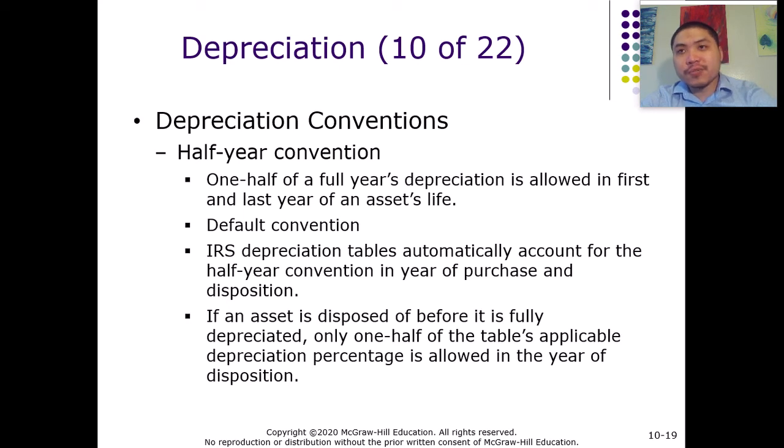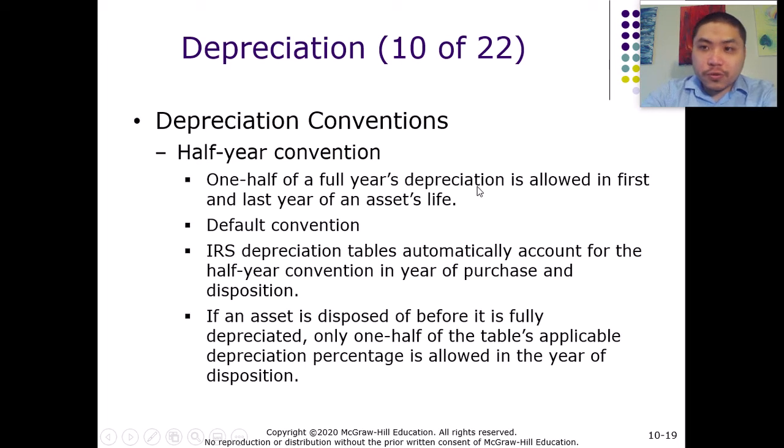Some people would put some asset into service by, say, December 31st, even though they don't use the asset at all in that tax year, because they want to claim the half year of depreciation expense.